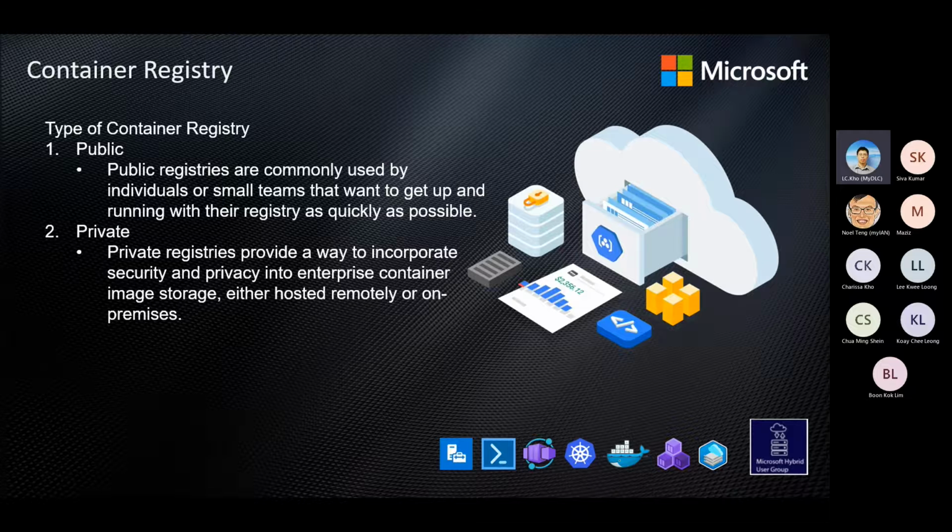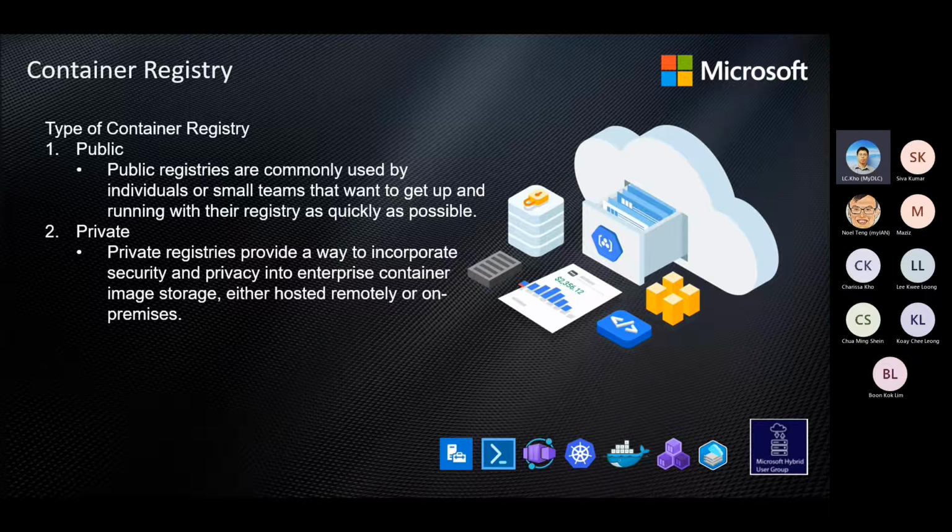In order for the Docker command or Docker application to talk with a private container registry, you need to provide authentication, or a service principal, to access the images stored in the container registry. This is the difference between the public and the private container registry.